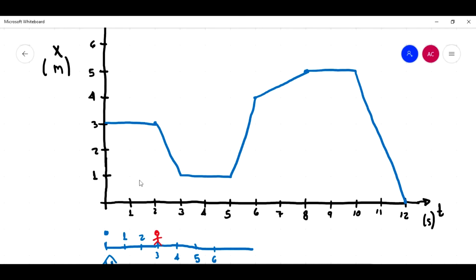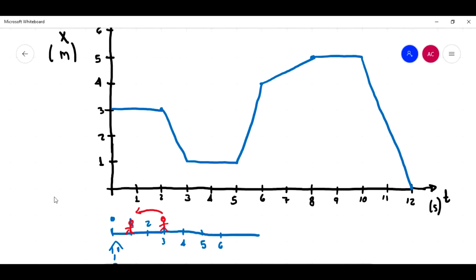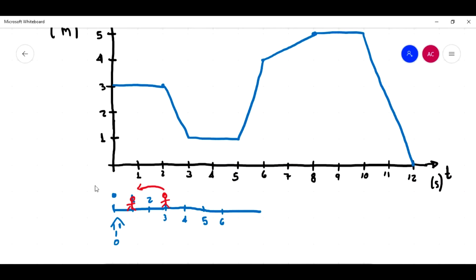It's going to remain there for 2 seconds, and then it goes to the position 1 meter. So that means that it's going to travel back. It's going to jump back, and it's going to stay there at 1 meter for how long? For 1 and 2 seconds.